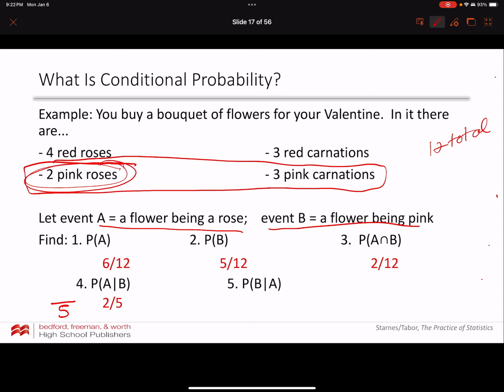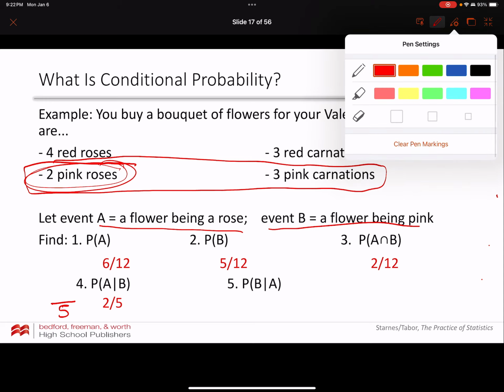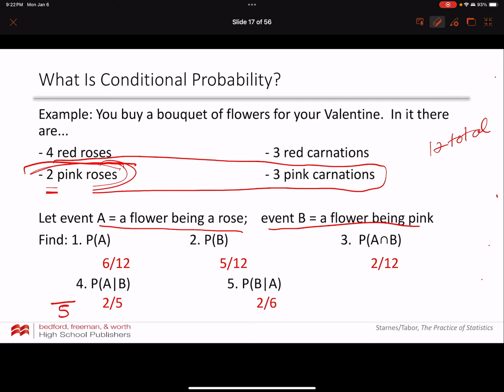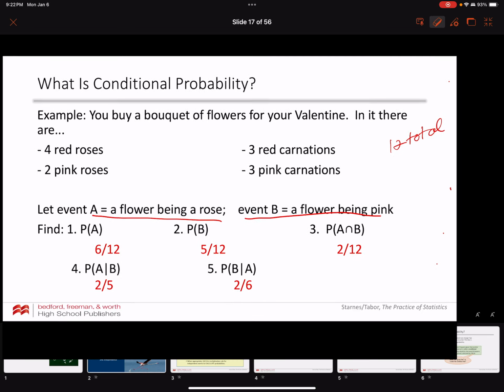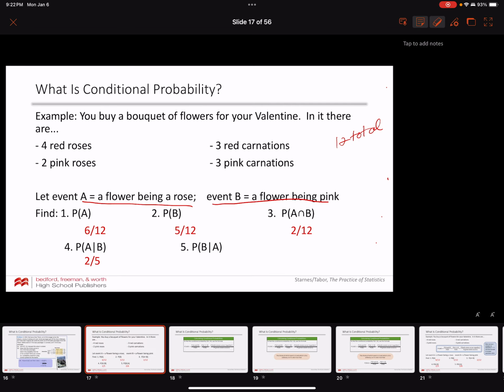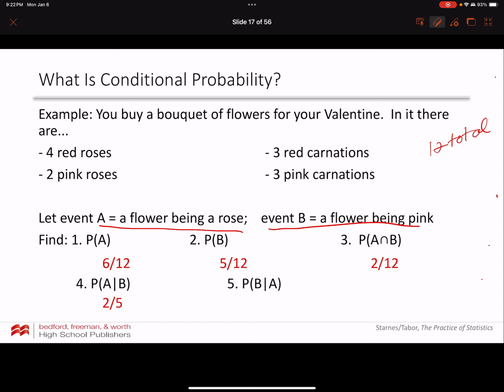Okay. And then number 5. So number 4, we're finding the probability of A given B. Now number 5, we want the probability of B given A. So this is something different. The probability of B given A. So the given part is that the flower is a rose.